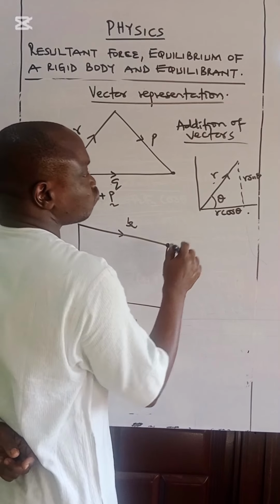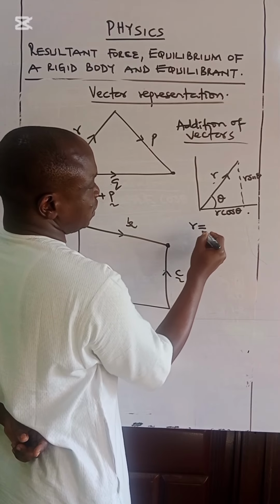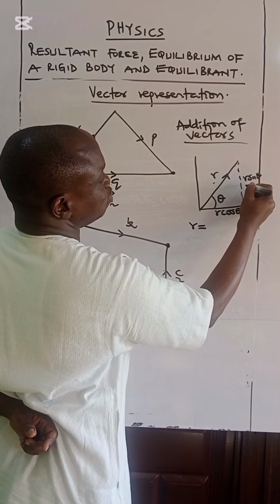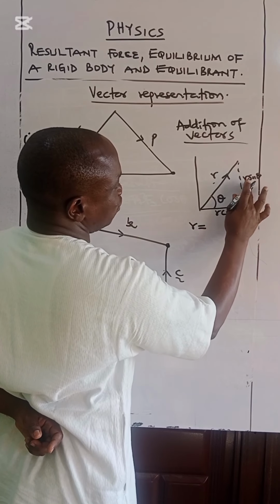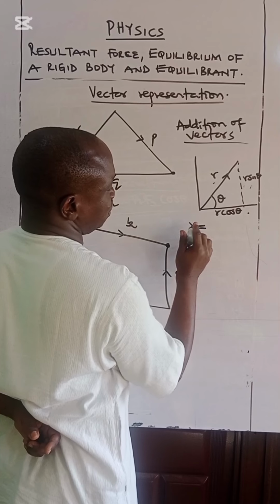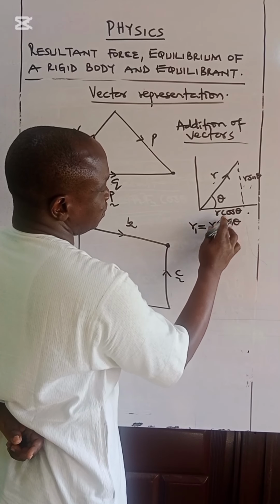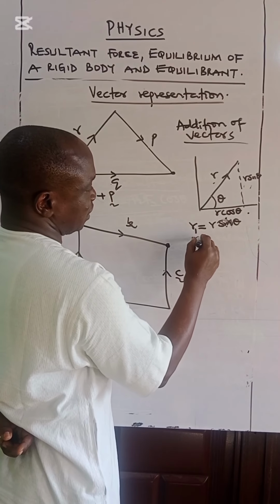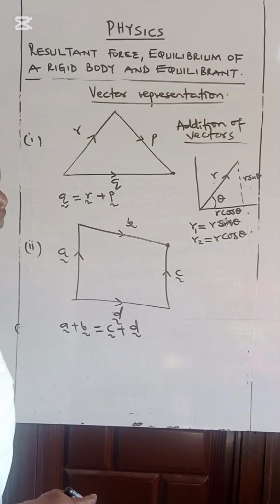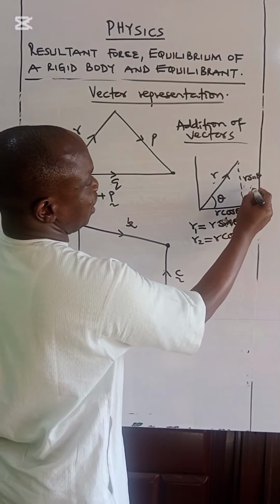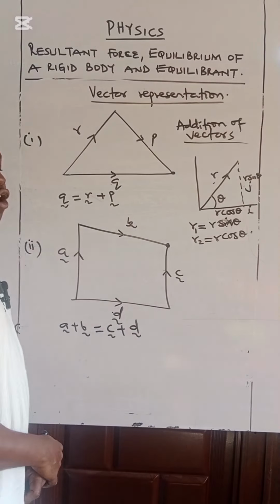So vectorially, let me call this R1 equals R sin theta, and R2 equals R cos theta. For the vertical, call it the J component, and for the horizontal, call it the I component.